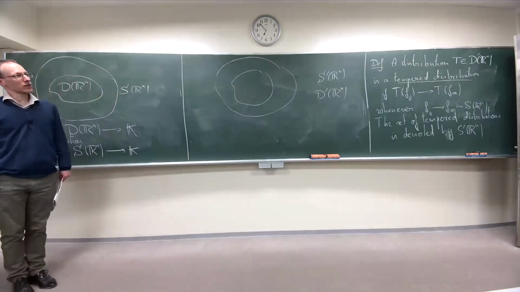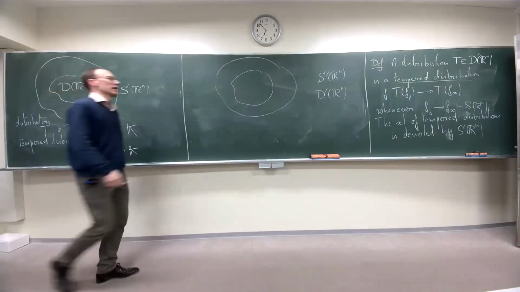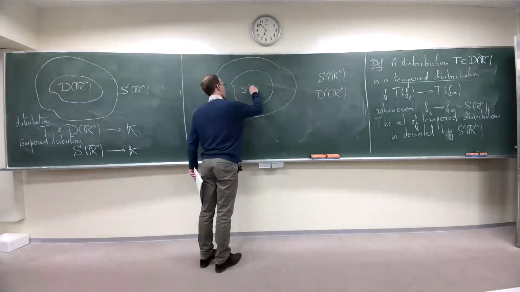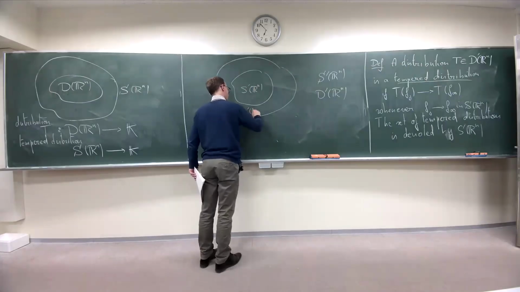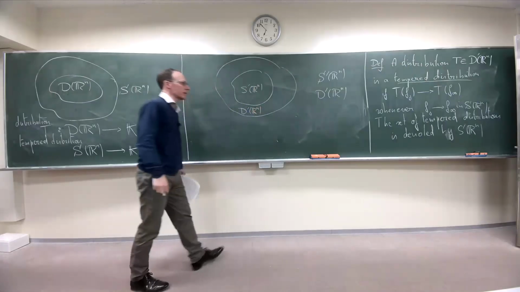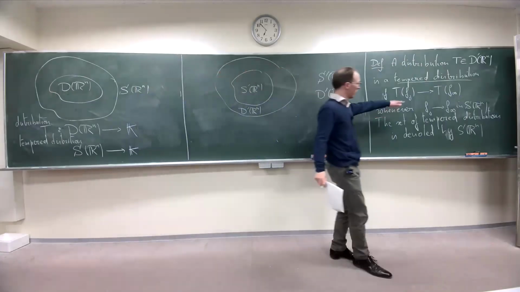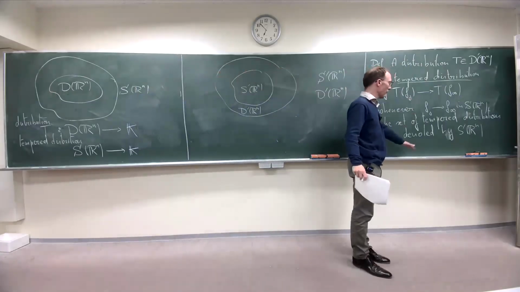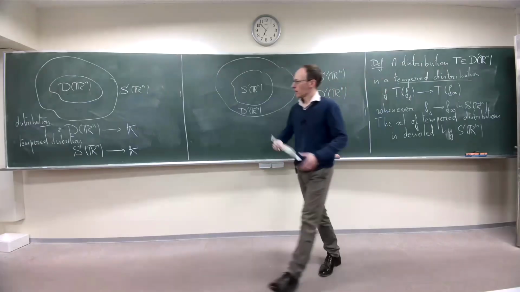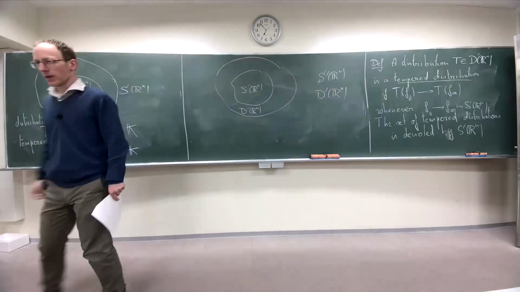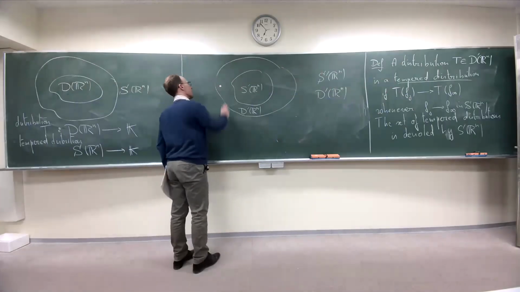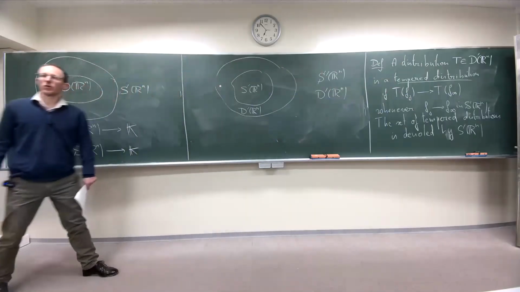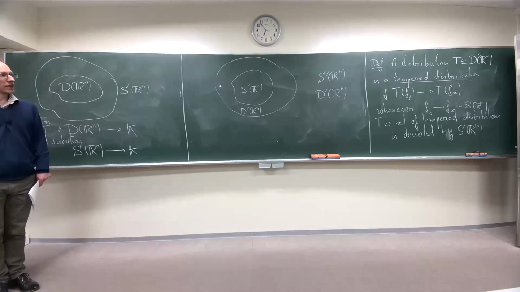Is it S prime or is it D prime? Yes, S prime is here and D prime is here. Think about it. This condition is stronger than the one I introduced 2 or 3 weeks ago. Can you give me an example of somebody here? Can you give me a distribution which is in D prime and not in S prime?